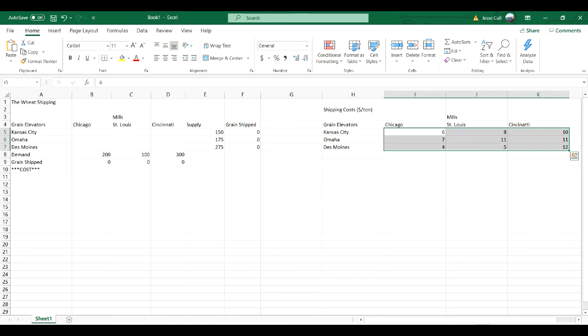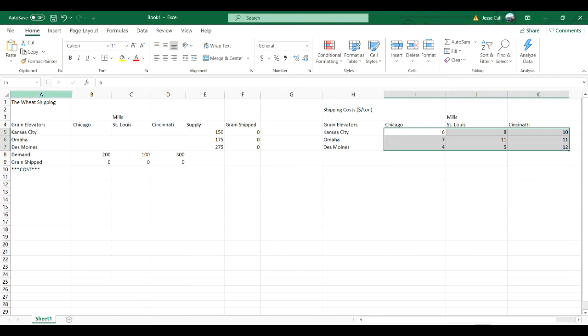How do we figure out what is actually shipped? We have to multiply our decision variables, which is what routes we choose, by our cost array.